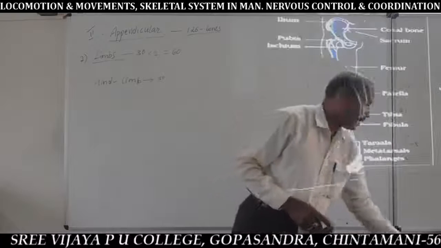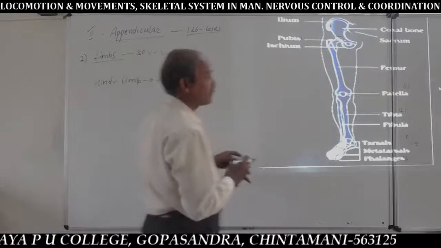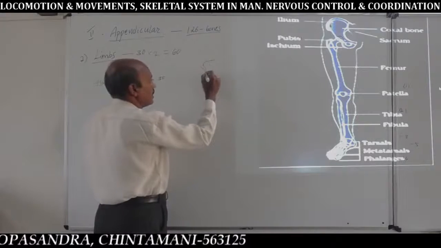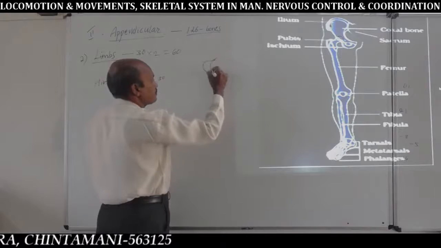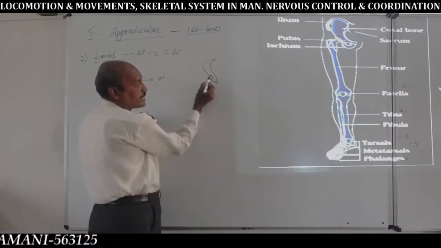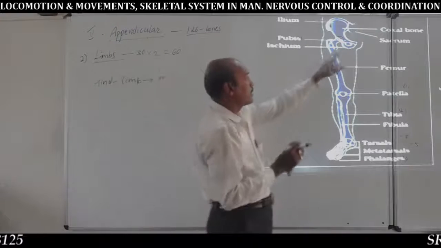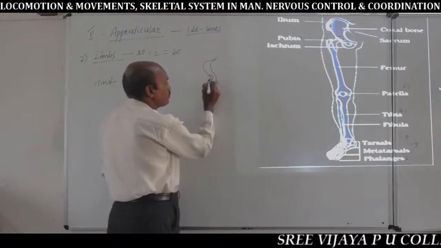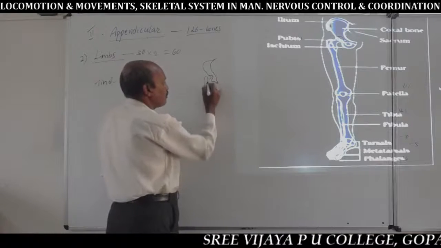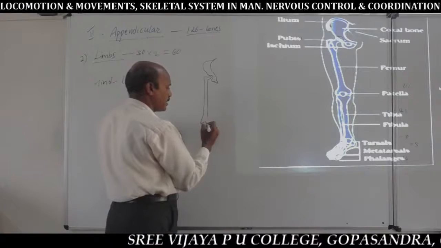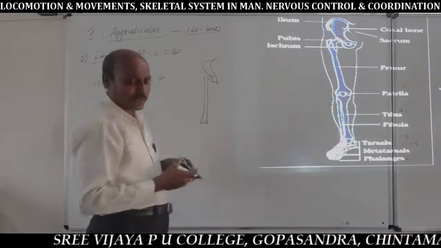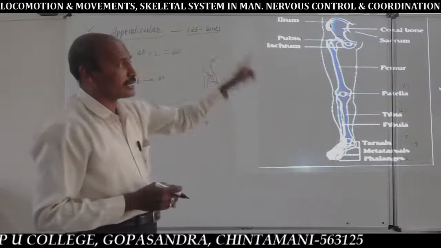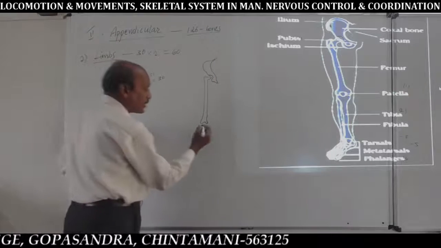Similarly, in the hind limb, there are 30 bones. Here, this is the coxal bone. In the coxal bone is the acetabulum cavity, in the acetabulum cavity to fix the head of the femur bone. Very important, the femur bone is the longest and also the strongest bone in the human body.